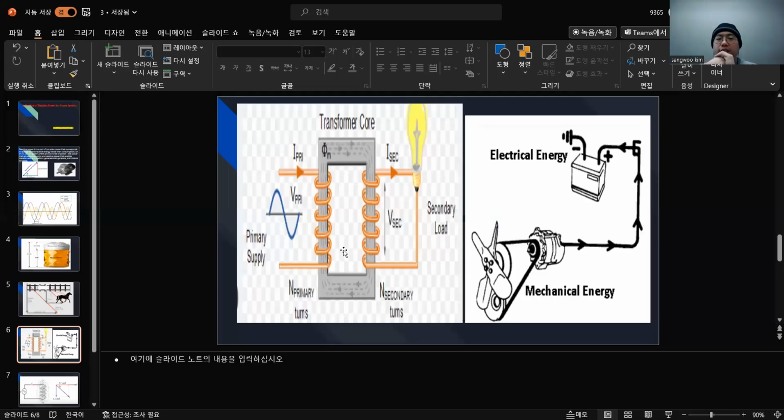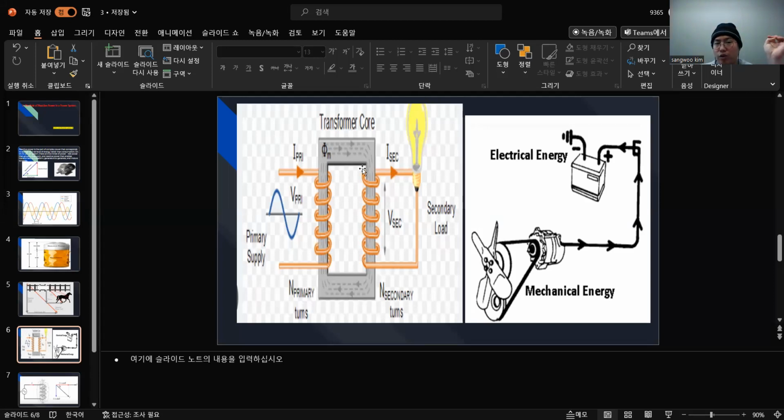So as I said, we will learn later about transformer and motor and the generation part. But don't get shocked. This is just a transformer. So this is the primary part, and later we will learn the secondary part. Don't worry. I will say this primary part is the generator for us, because we get the power source from here.